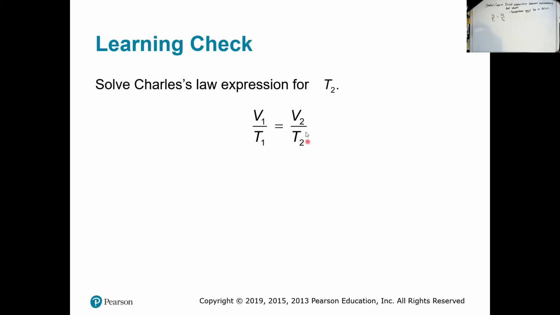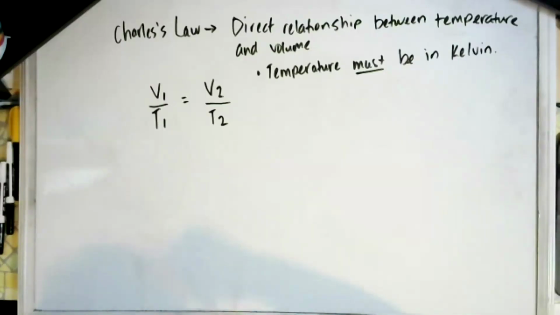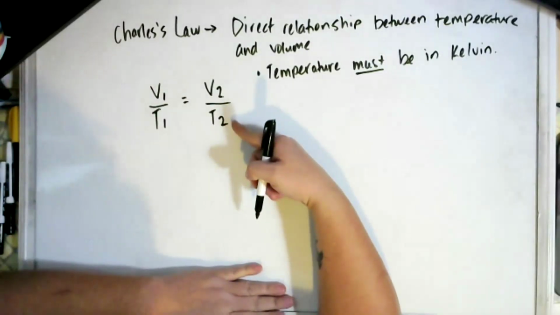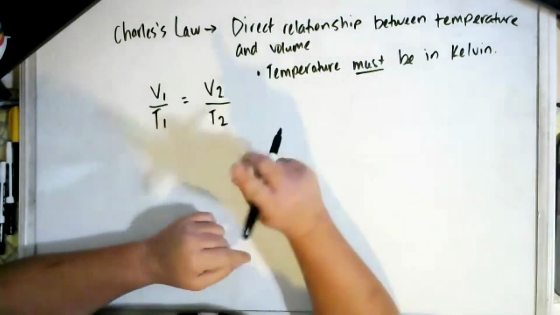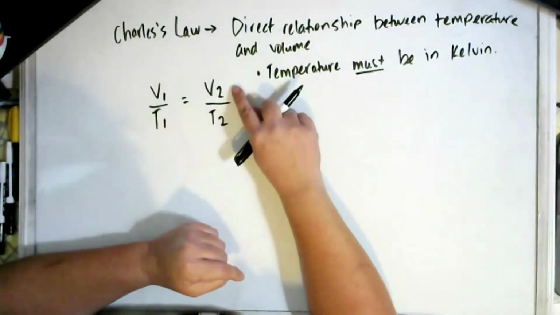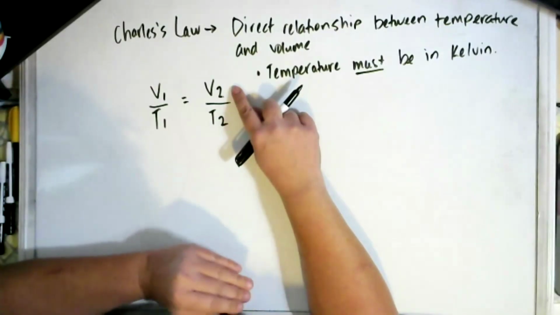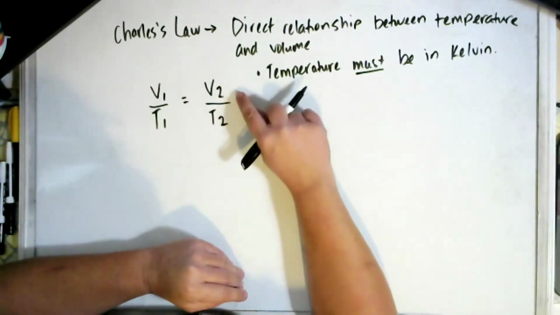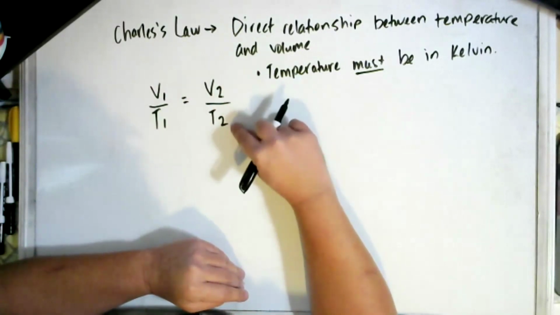You can't have an unknown stay in the denominator spot. So this is going to be the variable that we're going to be trying to isolate and solve for. Even though you're going to want to move V2 first, you're going to ignore V2 right now. And we're going to focus on getting this temperature, this T2, into a numerator position.